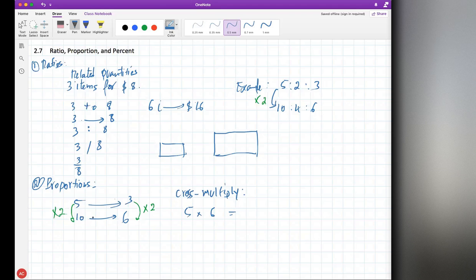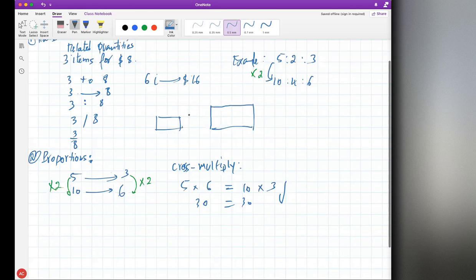So this way and the other way. So 10 times 3. So this is 30. This is also 30. So these are equal. So that's how you know the two ratios are proportional. So we could check simply by cross multiplying.